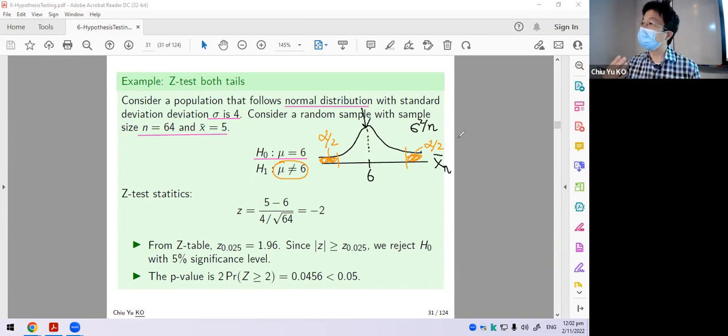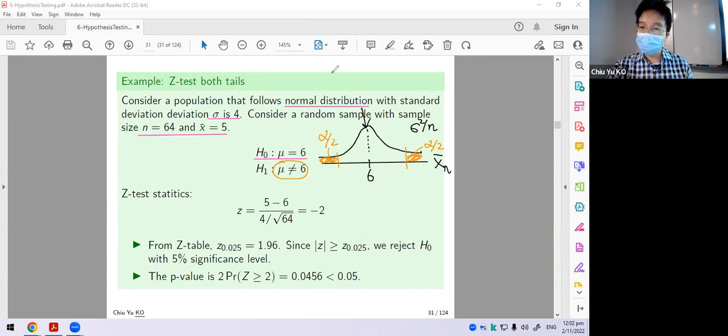Remember how we define alpha: even if the null is true, you could still end up here. It's the tolerance level for sampling mistake. But if the outcome is so extreme, we say this sampling error is so small a chance that we think the null is actually wrong.